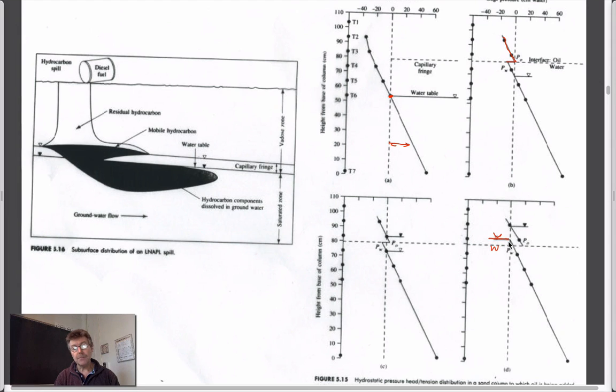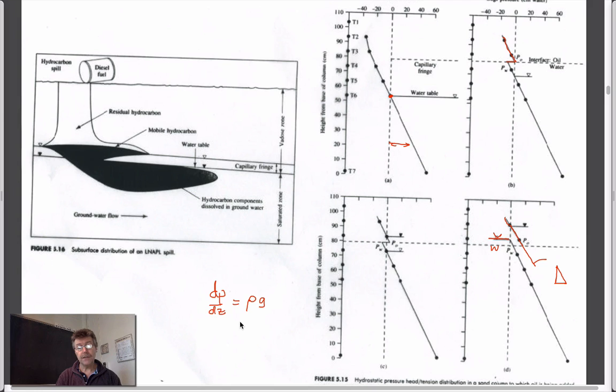And above this, because the height of this trajectory would be the unit weight of the gasoline. So in other words, what is it? We know that dP/dz is equal to the density multiplied by g.